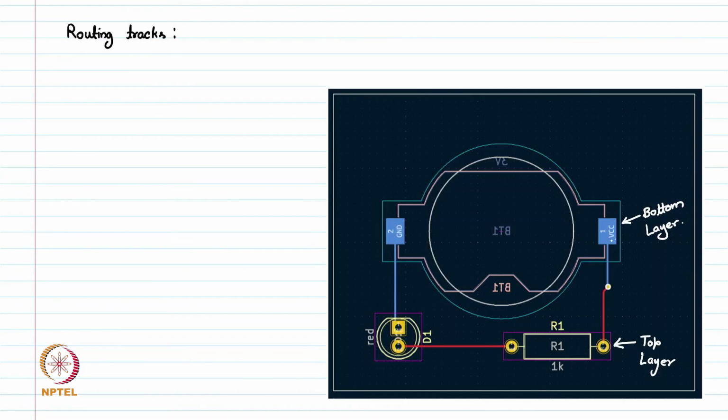So what we can do, once we click on this pad with FCU as the active layer, we go here and then we click on this terminal of the battery which is in the bottom layer. KiCad knows that we need to change our active layer from top layer to the bottom layer.